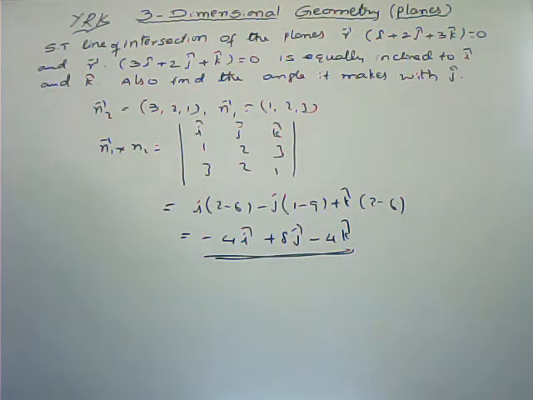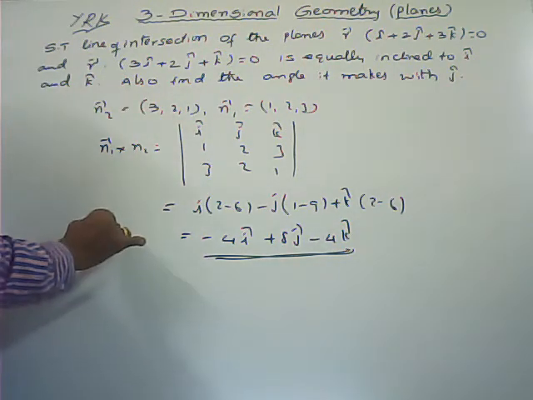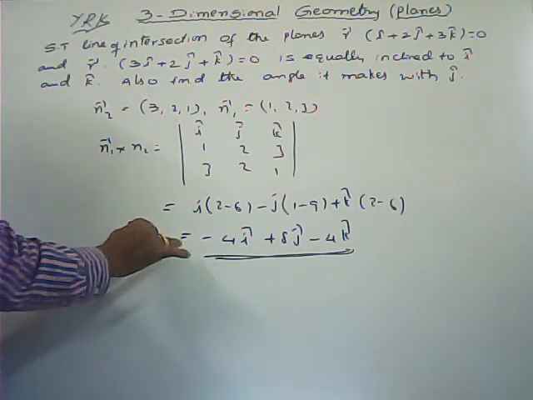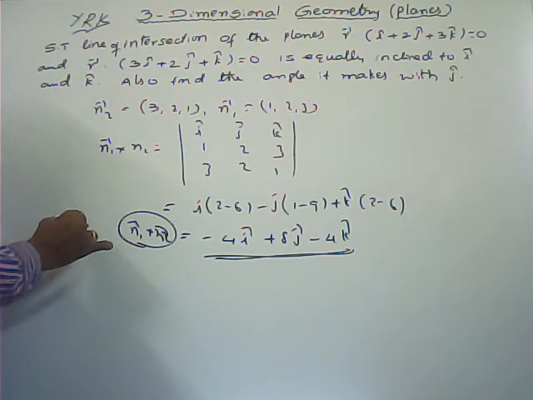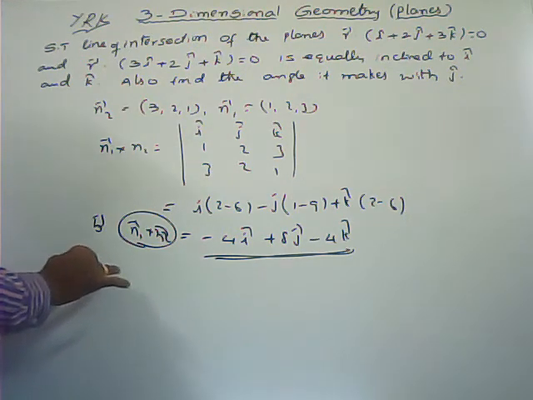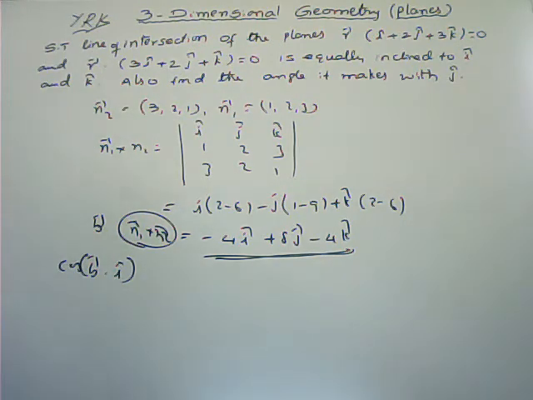Now what they are asking here is whether it is equally inclined to i cap and k cap. Otherwise, taking n1 bar cross n2 bar as b bar, I take b bar dot i cap, the cos of the angle between these two, to check it is equally inclined to i cap and k cap.